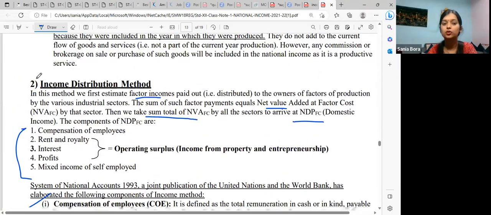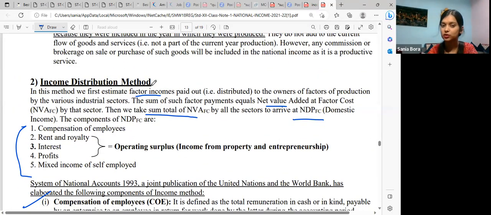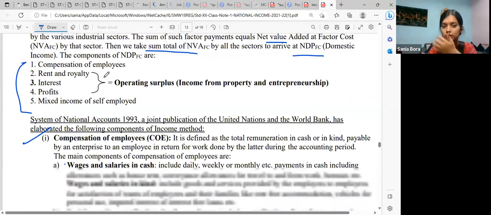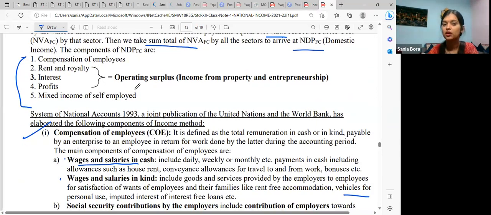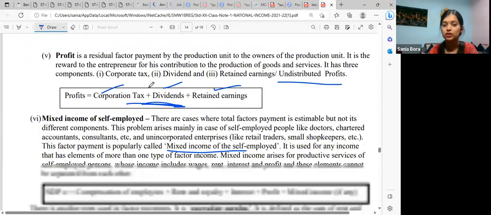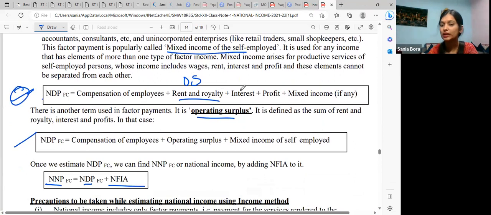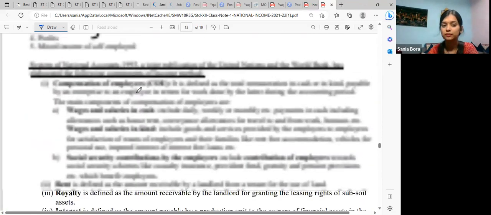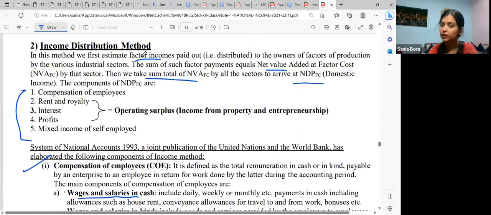First of all, you will write this income distribution method. Okay. You see over here they have just written this OS, rent and royalty, interest and all that. Right? So this is the formula basically, rent and royalty, interest and profit. Instead of this you can write it like this or you can just simply write OS. So first you will write this income distribution method. Okay.